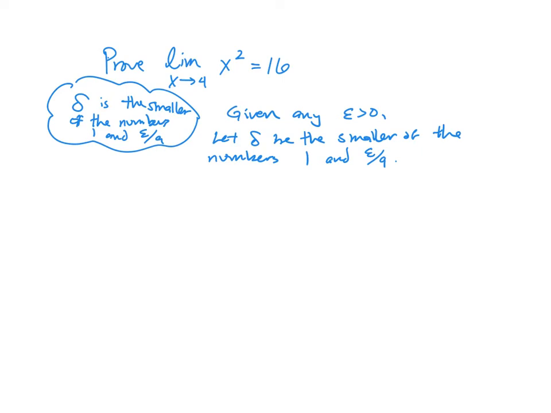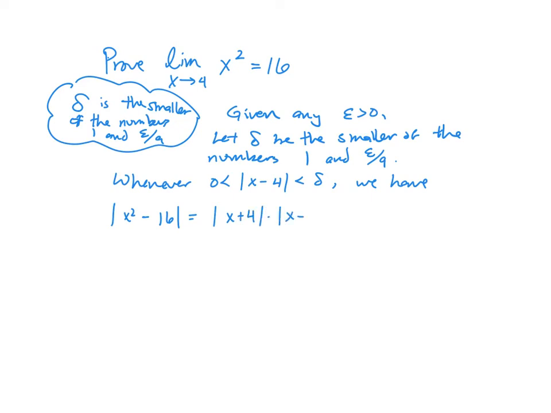Okay, so then for our proof, whenever 0 is less than the absolute value of x minus 4 is less than delta, we have our absolute value of our function, x squared minus 16, the limit value. That's the absolute value of x plus 4 times the absolute value of x minus 4.